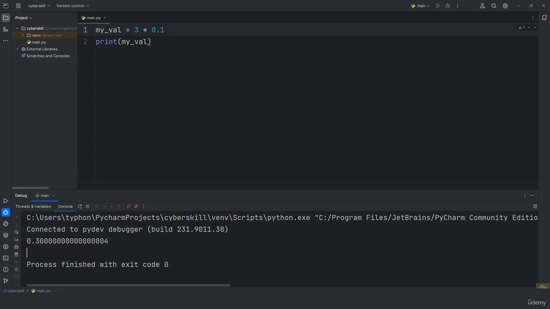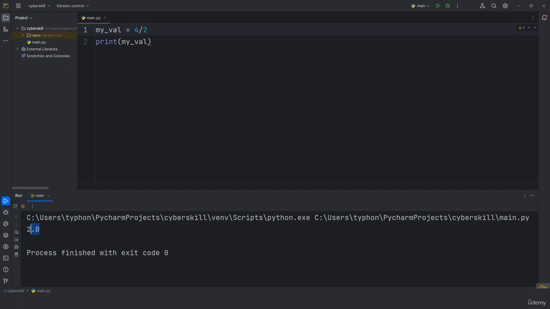When you divide any two numbers, even if they are integers that result in a whole number, you will always get a float. So let's do this. For example, 4 divided by 2, and we get 2.0. If you mix an integer and a float in any other operation, you will get a float as well.